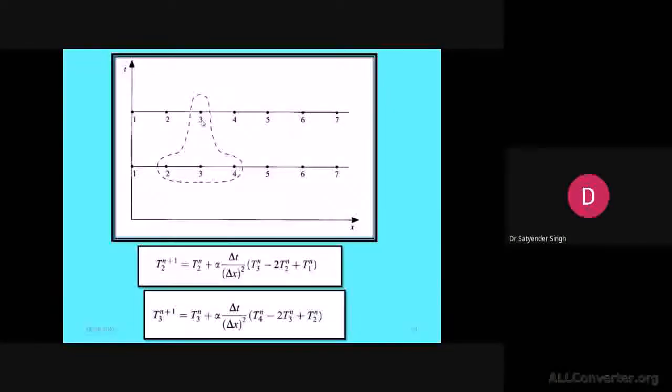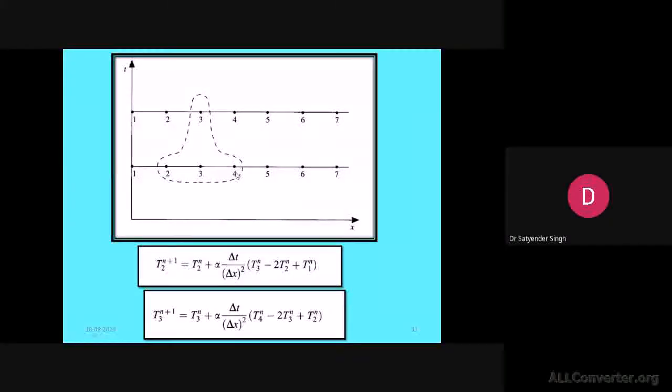But in the case of the explicit method, you can see it takes the information from three points at the previous time level for the different grid points, and then only gives you one value for the next time level. So for this one, it has to take the values from these three, then it gives this one. For 5 at the next time level, it will require the information of 4, 5, and 6 at the previous time level.